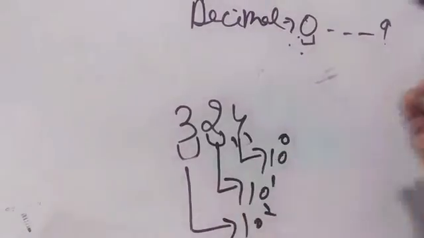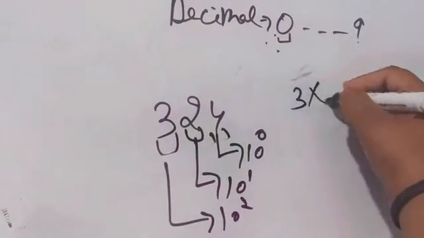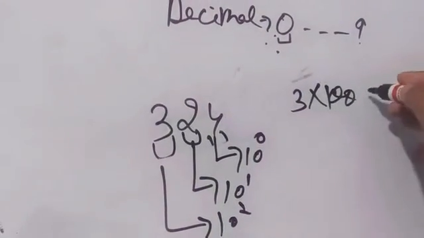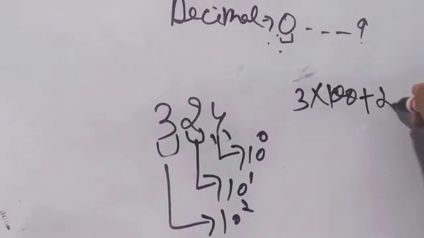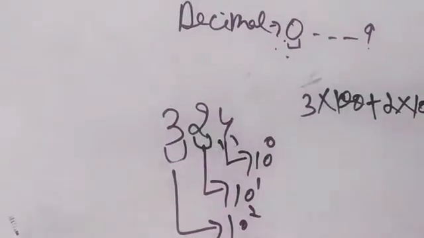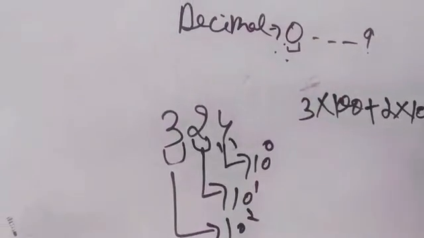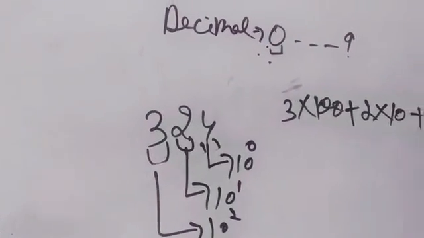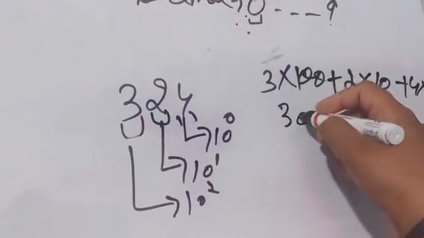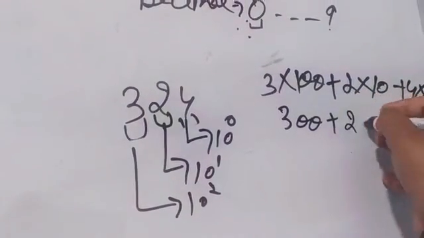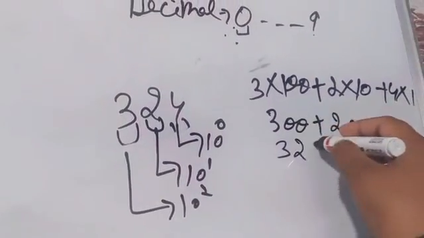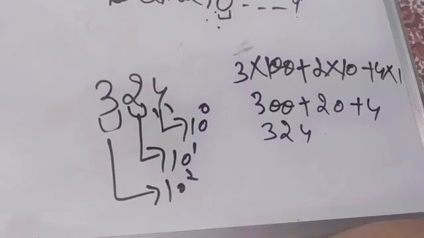So you just calculate that 3 is in the 10 power 2 position, that is the hundreds position, plus 2 is in the 10 power 1 position, the tens place, plus 4 is in the 10 power 0 position, that is 1, because anything raised to power 0 is 1, right? So it's called 324, right?